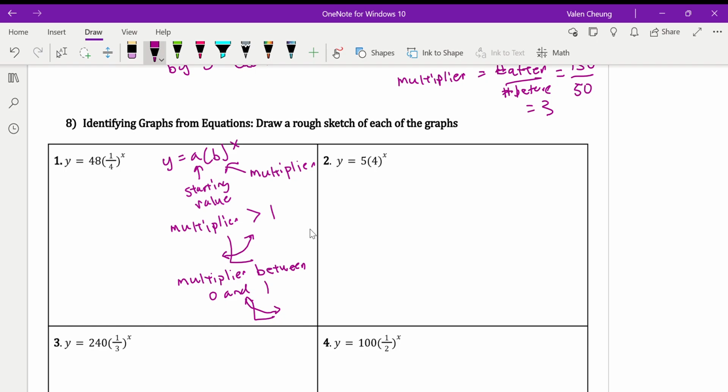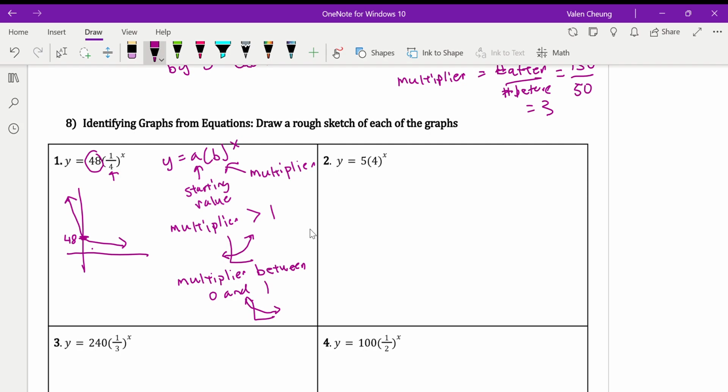right now. So all you need to do for the sake of this is I want you to just be able to recognize that when you see this 48, the graph is going to cross at a 48. And this 1/4 is between 0 and 1, so it's going to curve down.